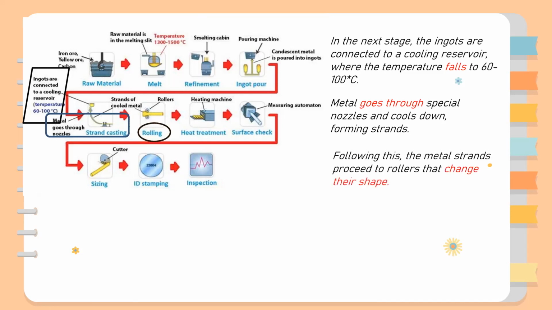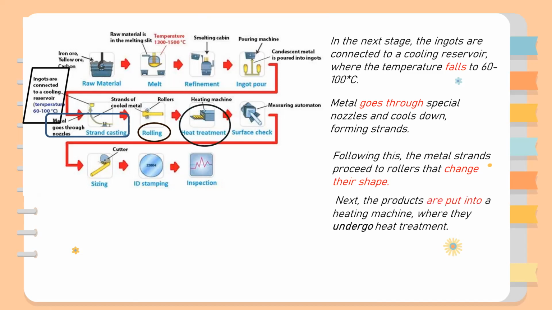Okay, so following this, the metal strands proceed to rollers that change the shape. So as you can see in the picture of the rollers, it changes the shape. The shape is changing, so I can explain it in my writing.